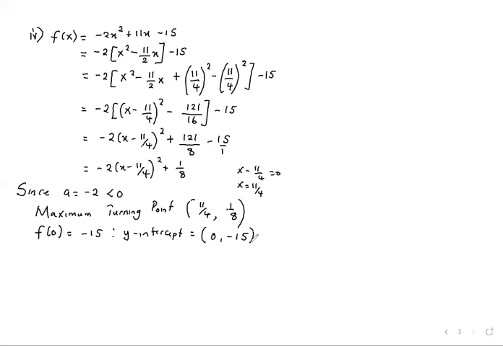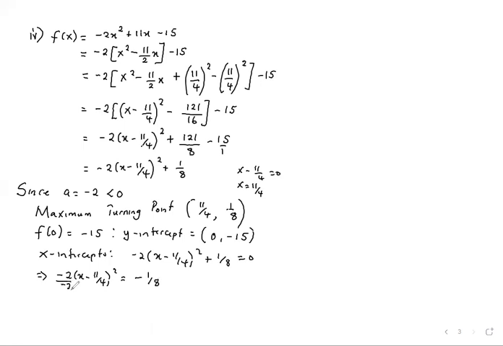And then the x-intercepts, that's where now you get the whole equation, -2 times x minus 11/4 squared plus 1/8 and equate it to 0. So that you get -2 times x minus 11/4 squared is equal to -1/8.